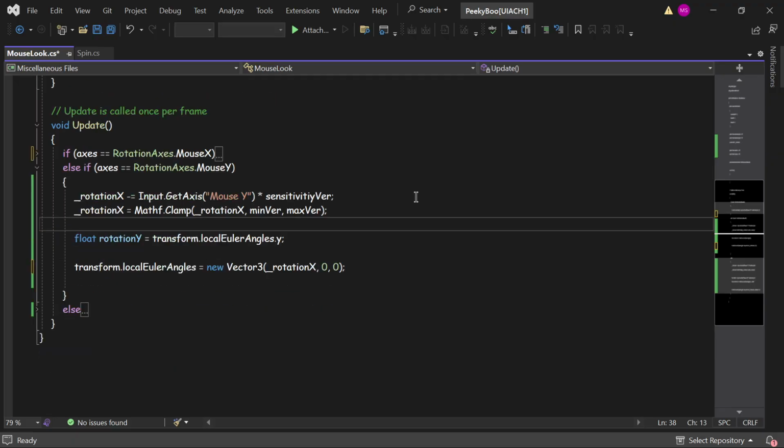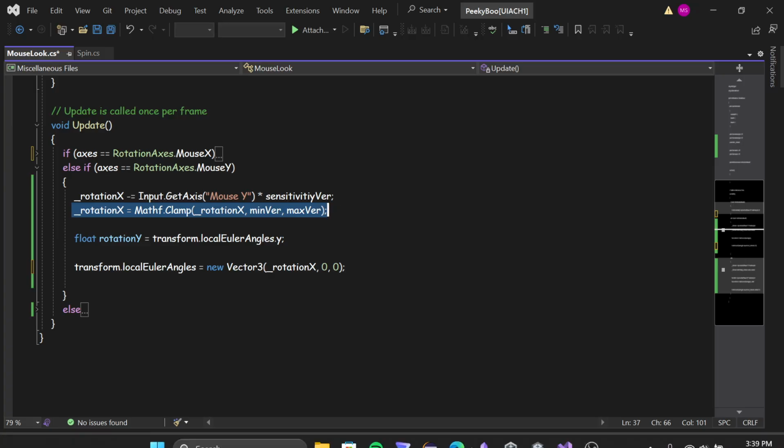Okay. So what is rotation math F clamp here? When we are looking vertically, up and down, we have to look at a specific angle. There has to be a limit in which we can look up or down.